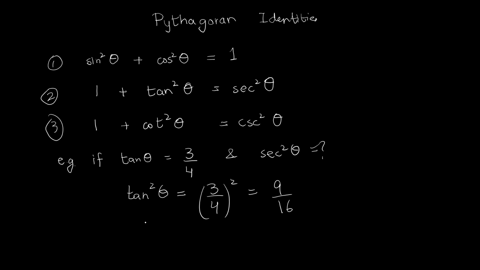And now by substitution, you get, which will give you the value as 25 over 16 for secant square, and hence the secant is 5/4.